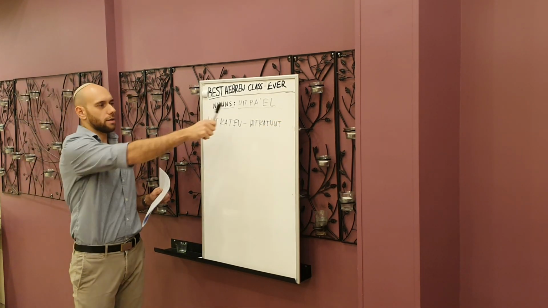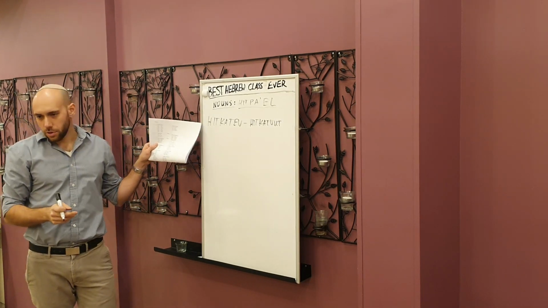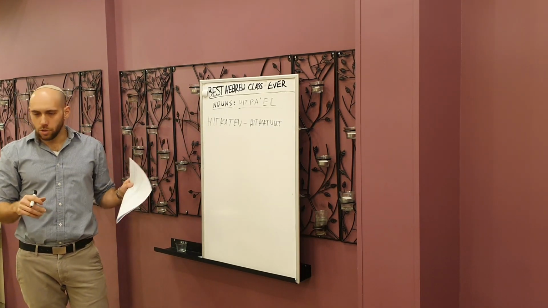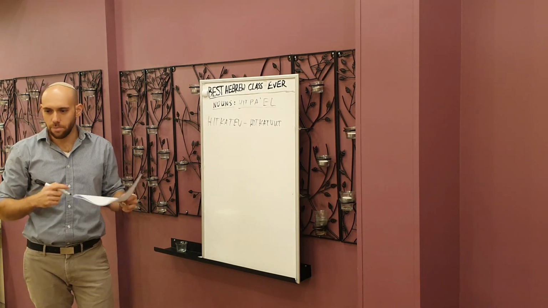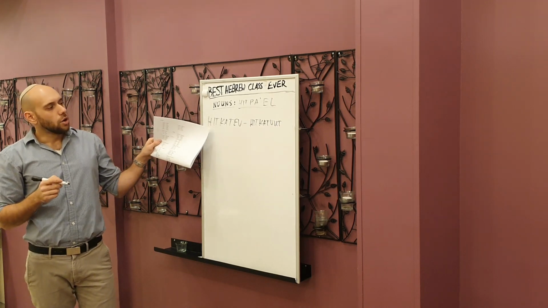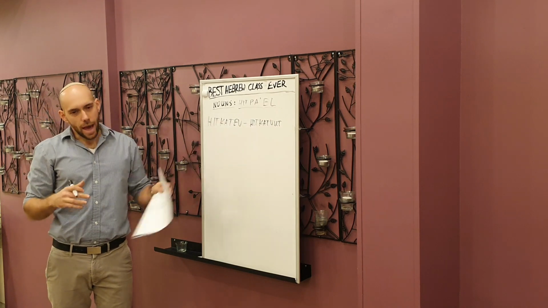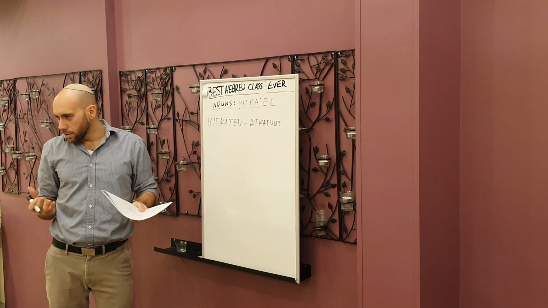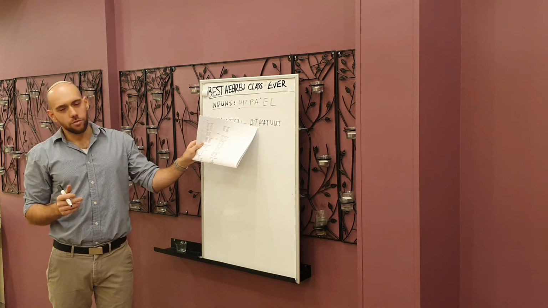So here I'm going to give you some examples. Hit katev means, lehit katev means to correspond, to write back and forth between two people or multiple people. Hu hit katev, he corresponded. What is the noun for the action of corresponding, also known as correspondence? Hit katvut.